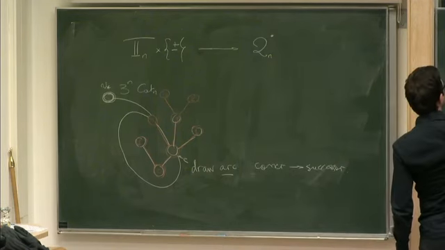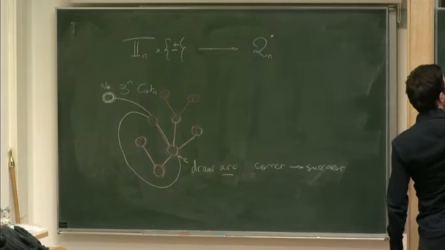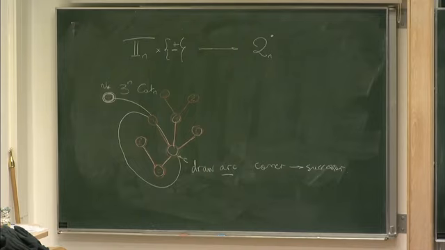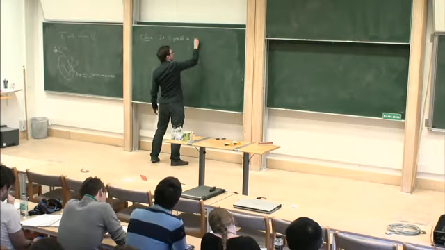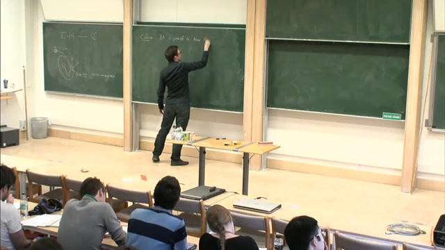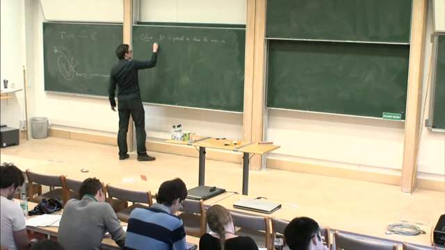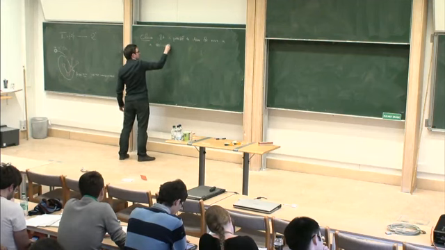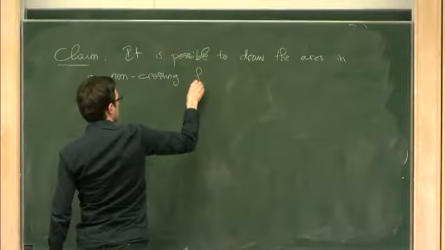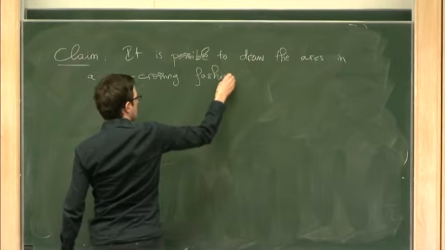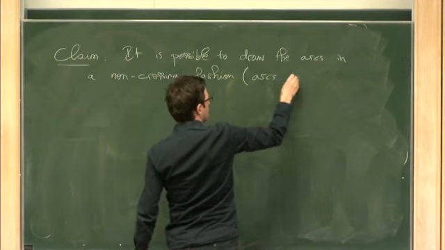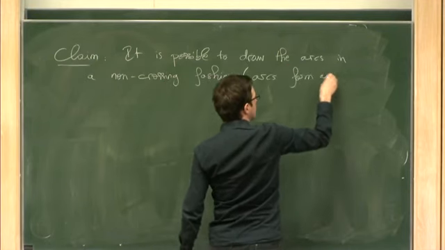So claim: it is possible to draw the arcs in a non-crossing way, so that the arcs form an embedded graph.